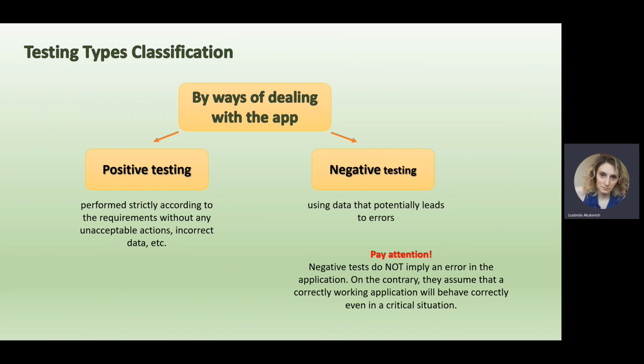So a negative test should verify that the system behaves correctly, even in the situation of potential errors from the user side, I mean mostly. So positive testing is strictly according to the requirements, and negative testing is violating these requirements with the idea of checking that the application will behave correctly, even in this critical situation.